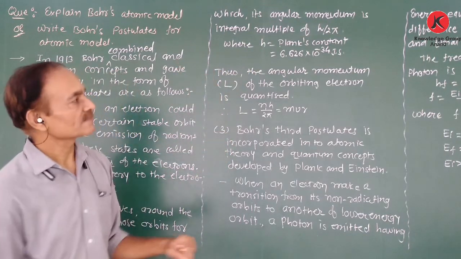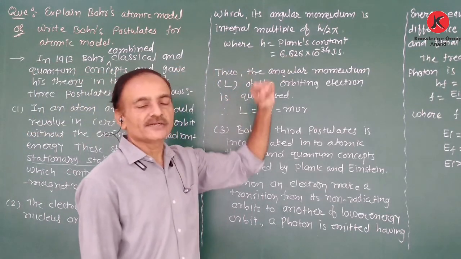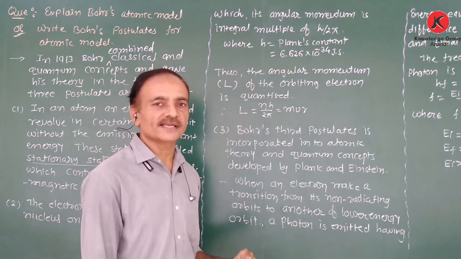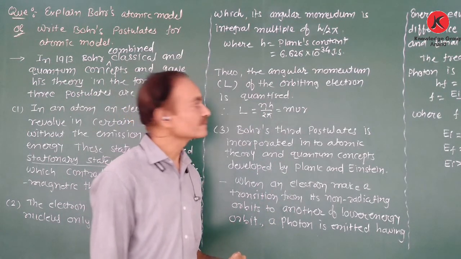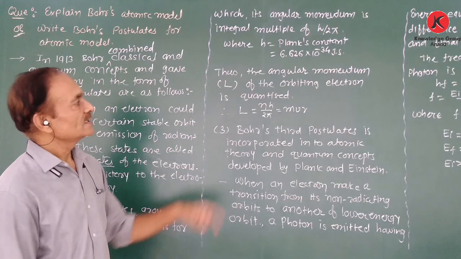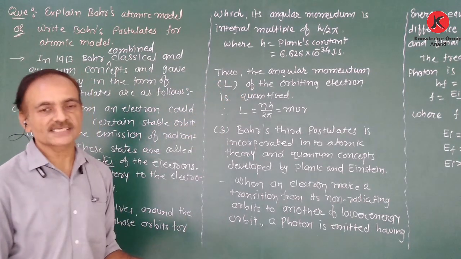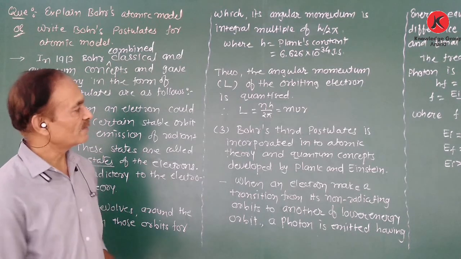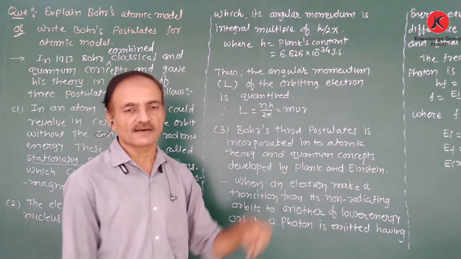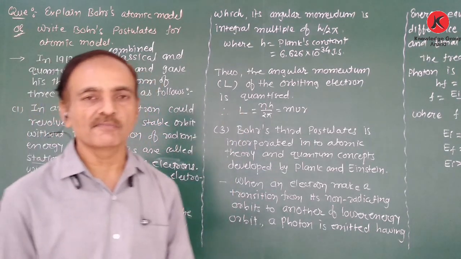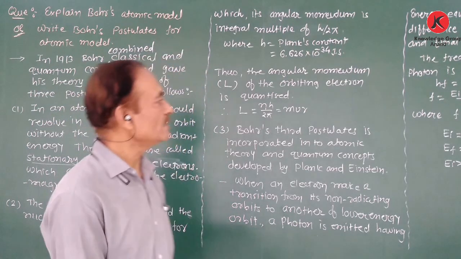Its value is 6.626 times 10⁻³⁴ joule second. Thus, the angular momentum L of the orbiting electron is quantized. Therefore, the angular momentum L is equal to nh upon 2 pi, which is equal to mvr.